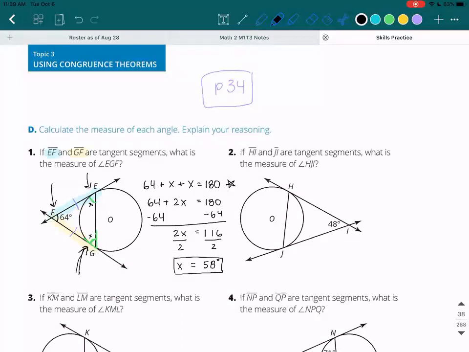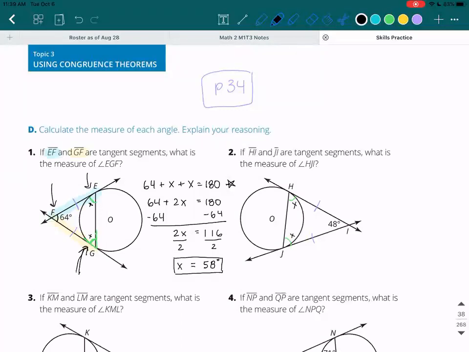Okay, let's do the next one. We have HI and JI are tangent segments, and that means they must be congruent. So I'm going to mark them as congruent like that. And since they are congruent, we have two equal angles over here based on our notes. And so I'm going to label those angles x.